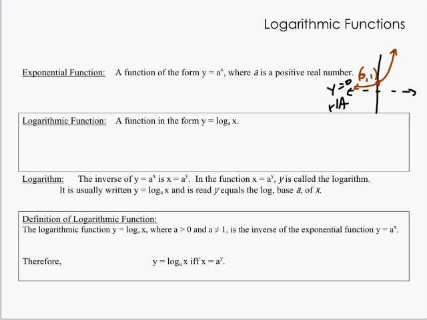As we continue in this chapter, the whole point of it is to learn some new things, and those new things are logarithmic functions. A logarithmic function is the inverse of an exponential function. These two functions are inverses. Does anybody recall how a function and its inverse are related as far as their graphs go?